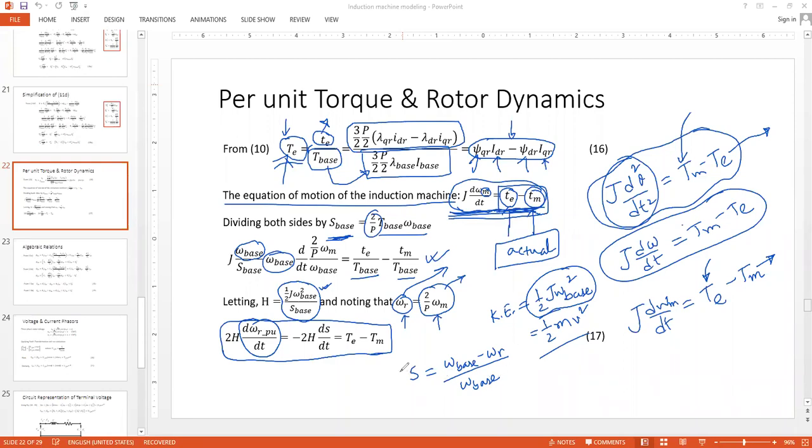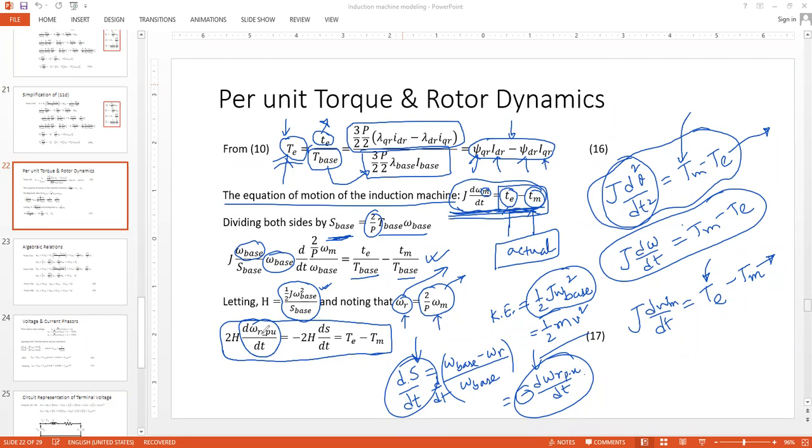If you take ds over dt, then what do you get? You have to take d by dt of this. So that means minus d omega r per unit over dt. So you see that there's a negative sign that relates the change of slip with the change of omega r per unit.